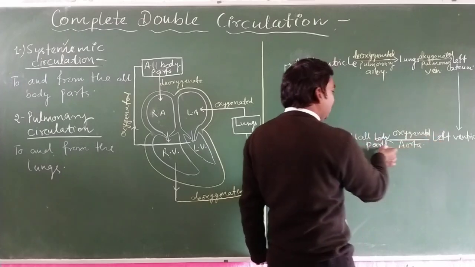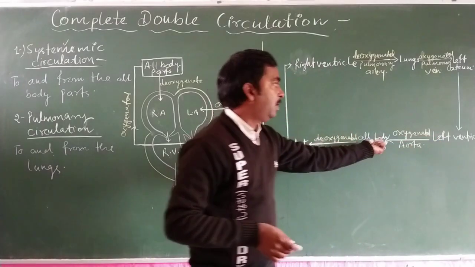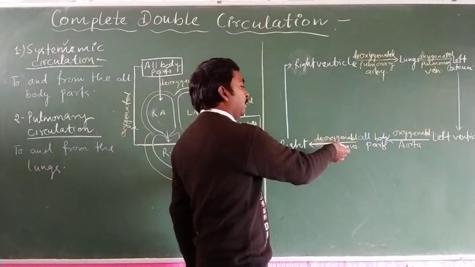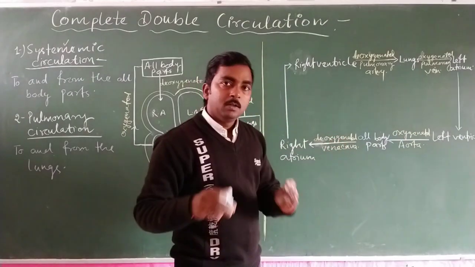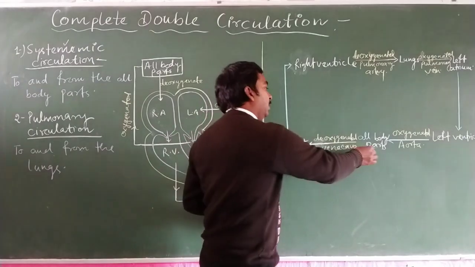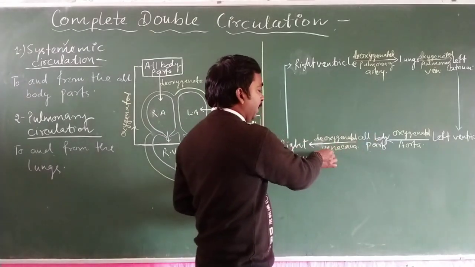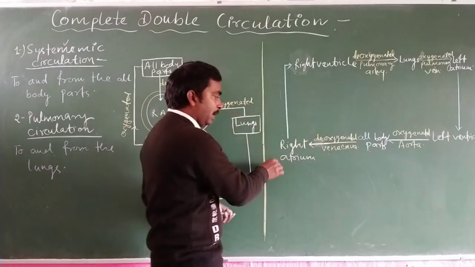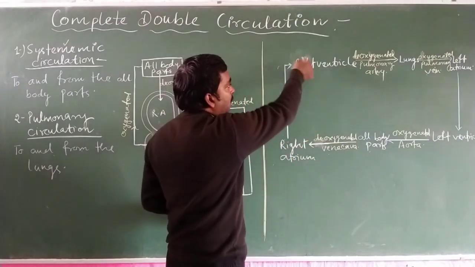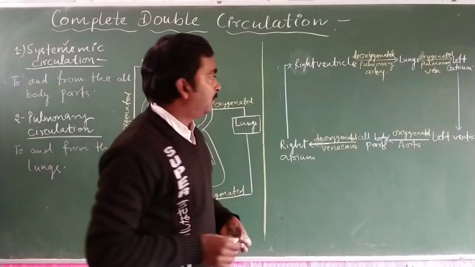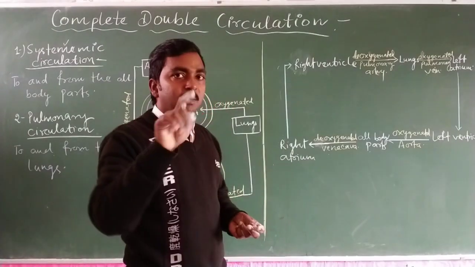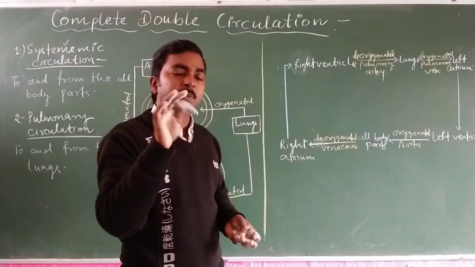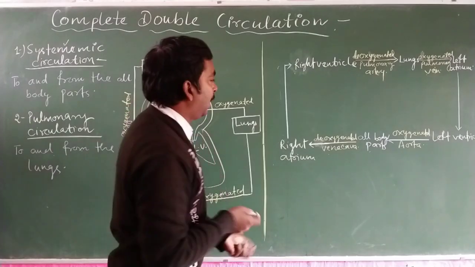Then from the left ventricle it goes to all parts of the body through the aorta, which carries oxygenated blood. The oxygenated blood becomes deoxygenated in the body parts, and this deoxygenated blood is collected through the vena cava into the right atrium, and the right ventricle pumps the blood again. So this is a complete cyclic circulation of blood between the body cells and the heart.